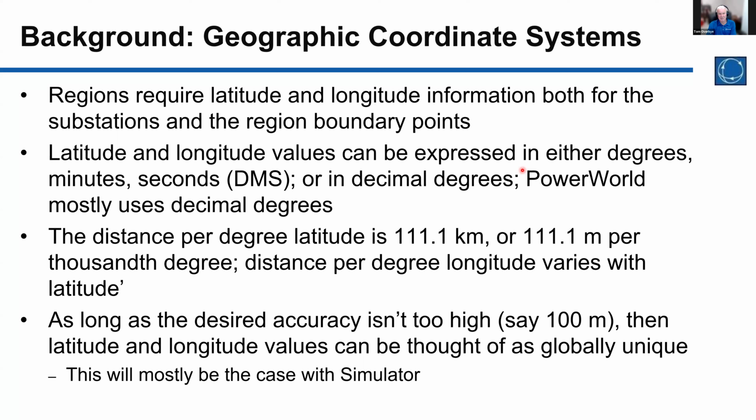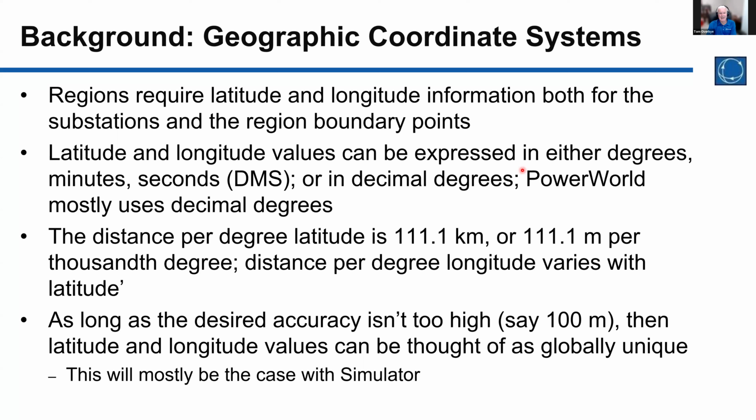PowerWorld mostly uses decimal degrees. The distance per degree of latitude is constant. It's 111.1 kilometers, or 111.1 meters per thousandth of a degree.